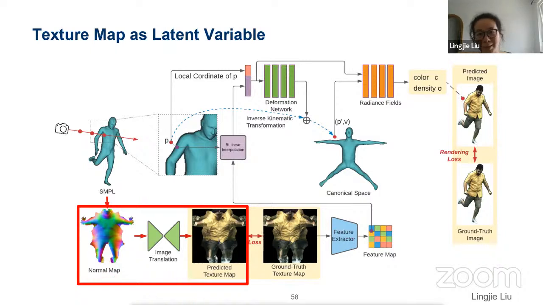This image translation problem is well studied and it can be efficiently solved by state-of-the-art image translation networks, such as image-to-image or read-to-read. We can train this image translation network with adversarial loss to alleviate the uncertainty issue in this mapping.